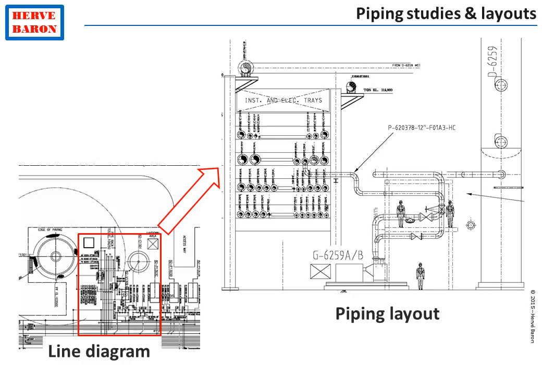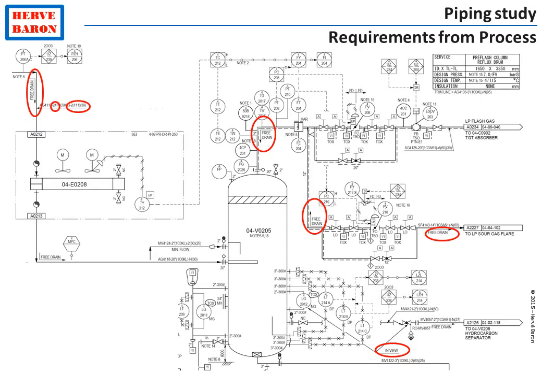Let's review the requirements that are taken into account while doing these piping studies. First of all, the process requirements. These are shown on the P&IDs. They include requirements for the proper flow of fluids inside the lines, such as sloping, a requirement for one line to be sloped, or to have no pocket to prevent accumulation of liquids in the low points of gas lines, for instance, as well as some indications for minimum distance, and so on.